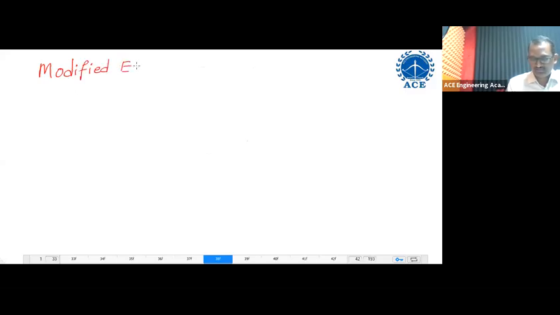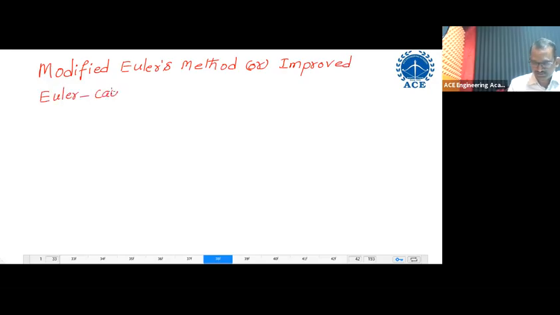Modified Euler's method. It is also called improved Euler-Cauchy method.